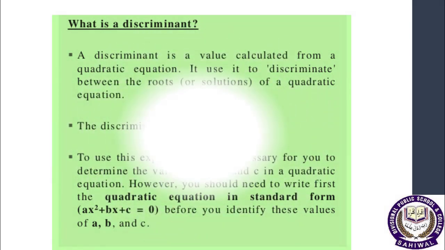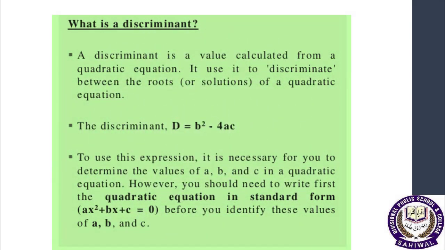So we can define the discriminant as a value calculated from a quadratic equation. It is used to discriminate between the roots or the solutions of a quadratic equation. The discriminant is also represented by capital D, which is equal to b square minus 4ac.